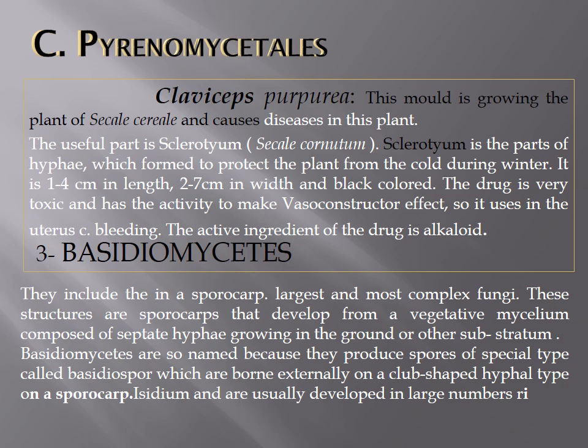It is 1 to 4 cm in length, 2 to 4 mm in width, and black colored. The drug is very toxic and has a constructive effect on the uterus, so it is used in uterine bleeding. The active ingredient of the drug is alkaloid.